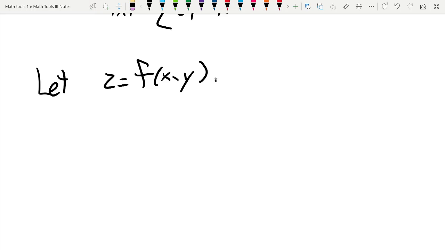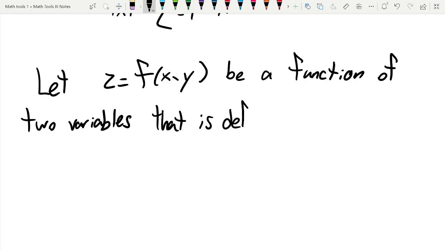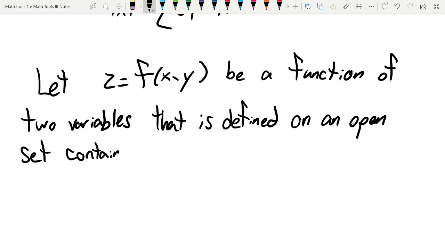So let z equal f of x, y be a function of two variables that is defined on an open set containing the point x sub 0, y sub 0.